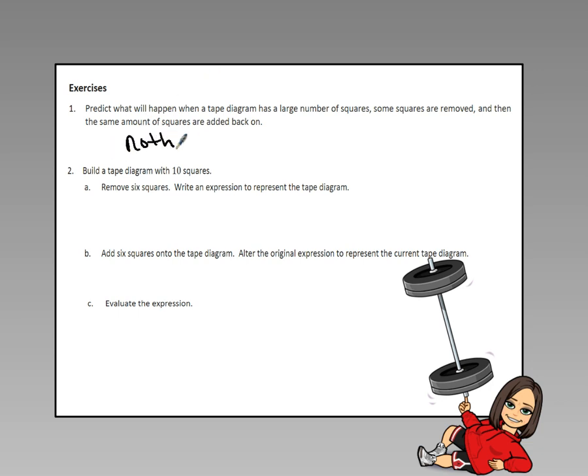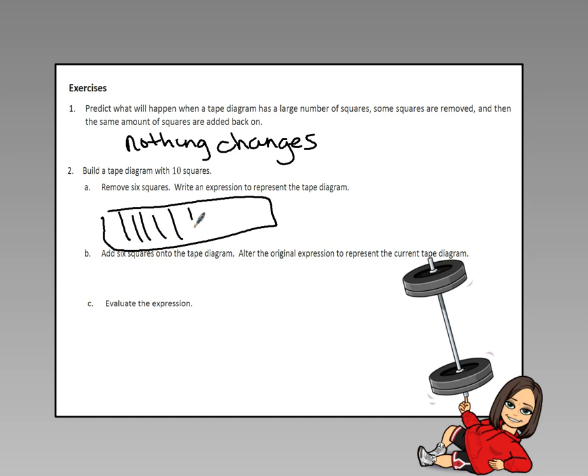Nothing changes, right? Nothing changes. So if we would have 10 squares, and then we take away 6 of them, and it says remove 6. So I'm going to 1, 2, 3, 4, 5, 6. 10 minus 6, there's my expression.